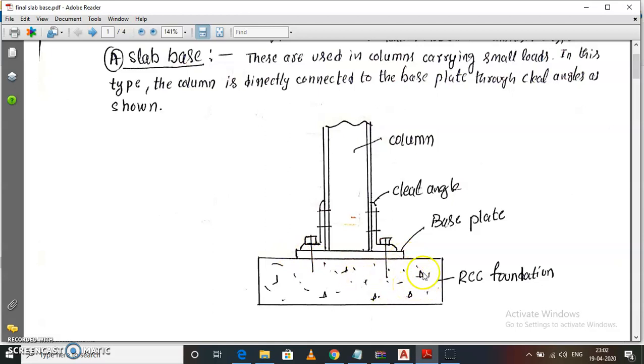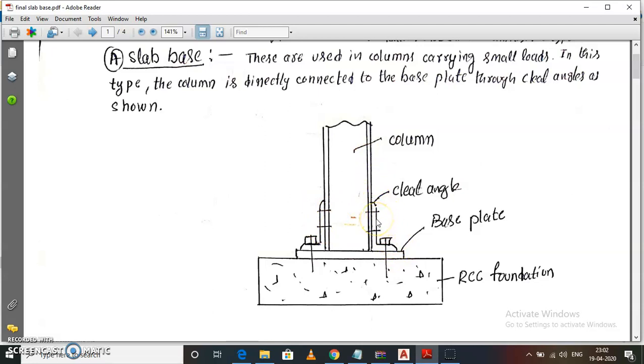Based on the load dispersion, we have to decide the depth of the foundation. Then based on the maximum bending moment at the intersection of the cleat angle and the base plate, we have to decide the thickness of the base plate. Again, based on the load coming on the flanges, we have to decide the cleat angles. Then we have to decide the number of bolts required to connect the flange to the cleat angle.